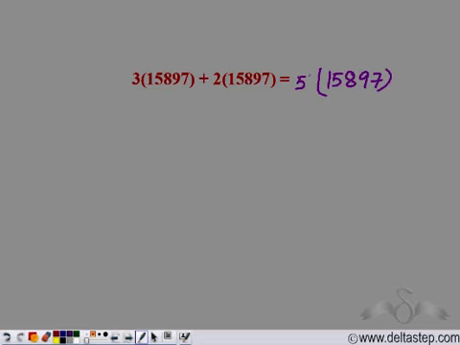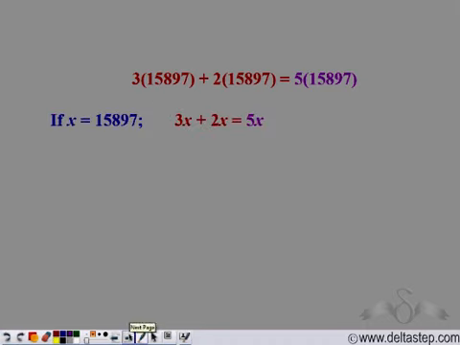So this saves you a lot of effort of multiplying this huge number twice. Similarly, if we represent this huge number with X, if we put X in place of this number, then we get 3X plus 2X is equal to 5X. So we have grouped these two terms together to get 5X.